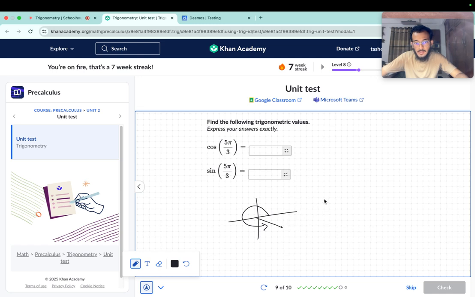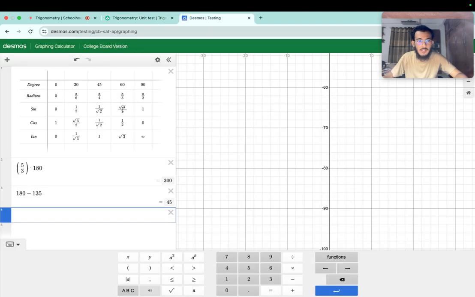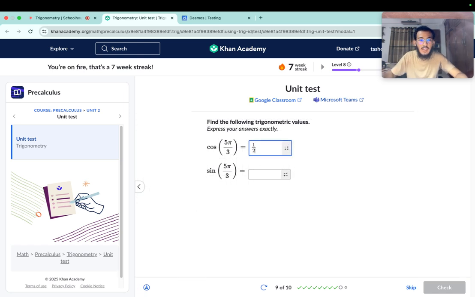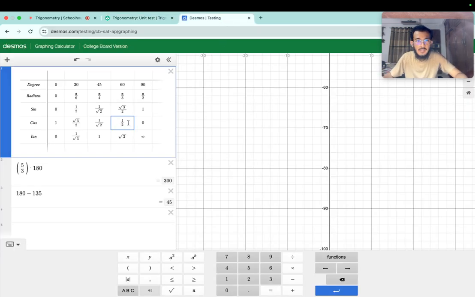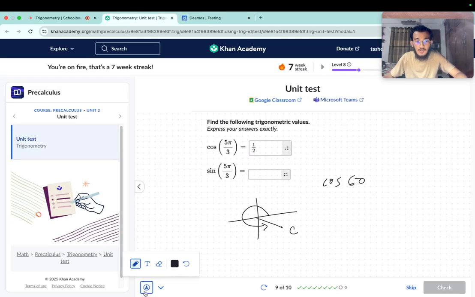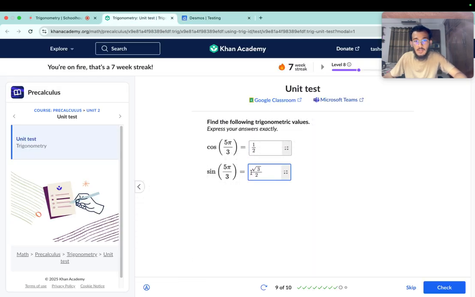Here only cos is positive, so cos 300 is the same as cos 60, which is half. You can see it from the table. But sine would be the negative of that: sine 300 is the negative of sine 60.